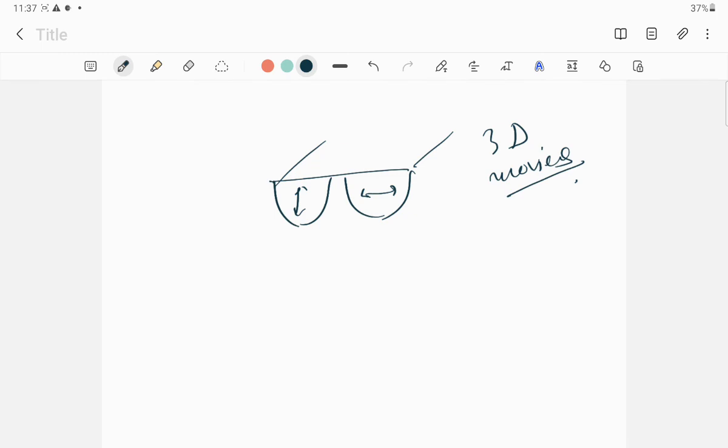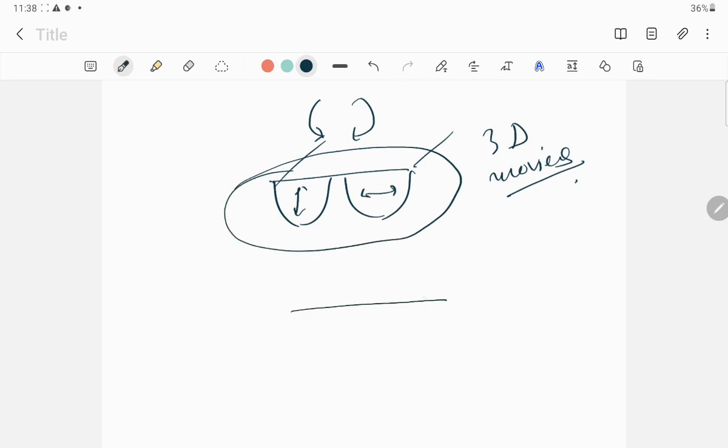But actually this is not the case, because if you do it like this, you will have to keep tilting your head to have a better view. This is not a complete story. It is quite annoying, so you can't have it in a 3D movie with glasses oriented like this.